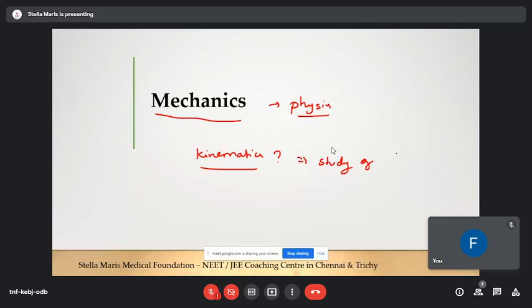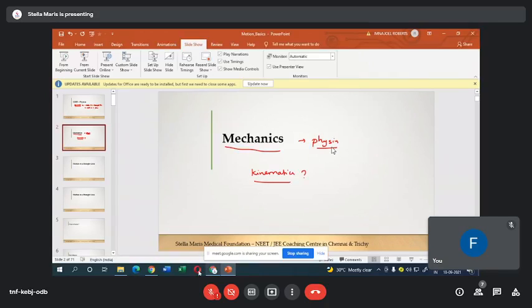So kinematics is all about the description of the motion of an object. In kinematics we'll just describe the object's motion. We don't go into the causes of the motion. For example, the object has moved from here to here; this is the initial position and this is the final position.